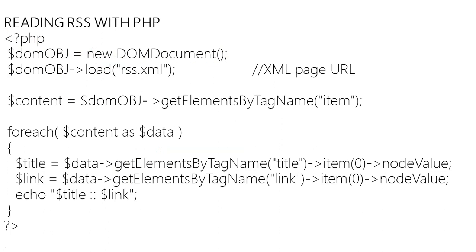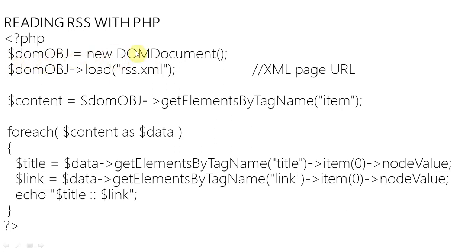So we will write here the object of the DOM document, Document Object Model document class. With the help of this class we will access the data, we will retrieve the XML data. First of all we will write the object of DOM document, and its object is DOM obj.